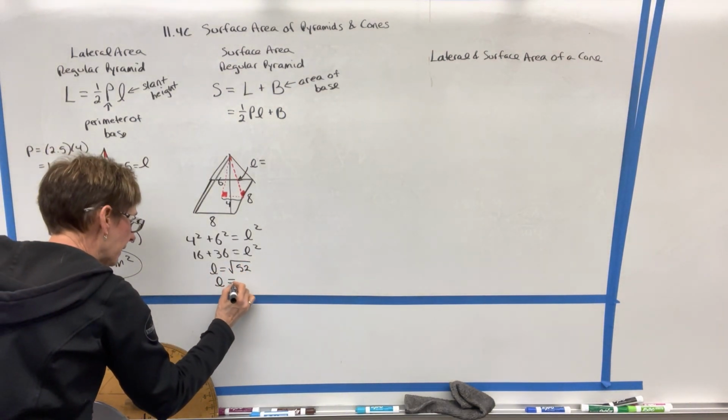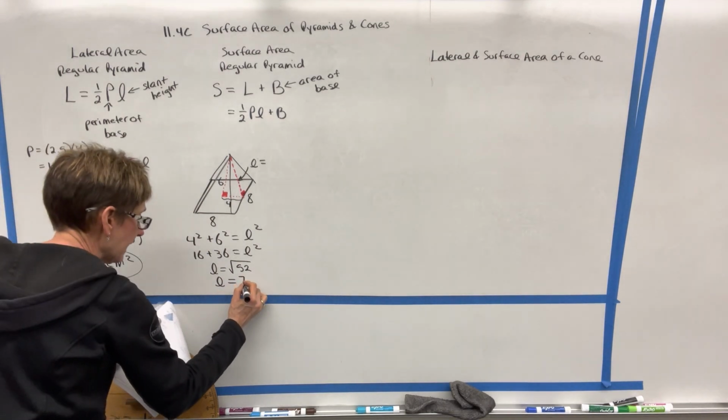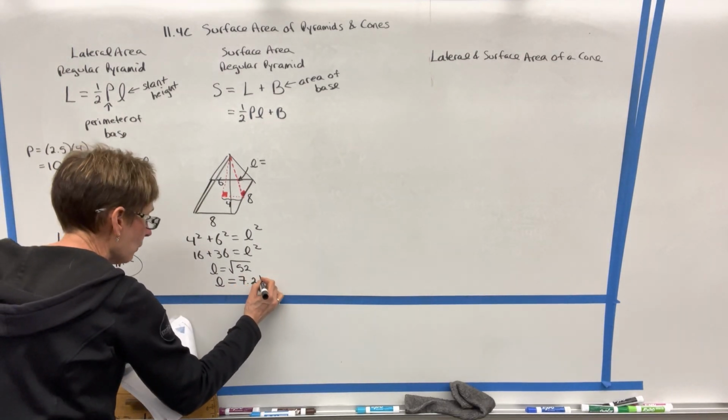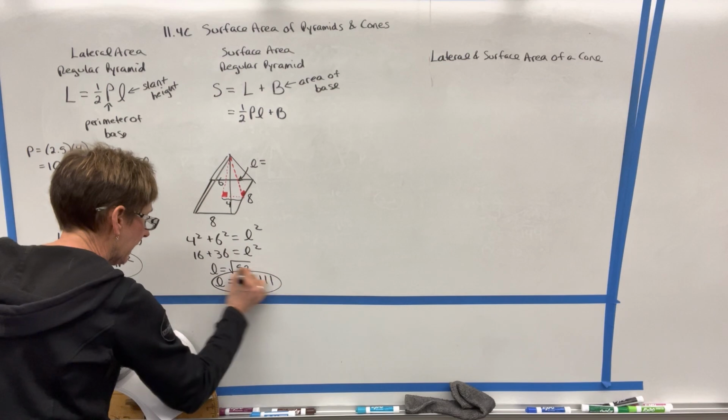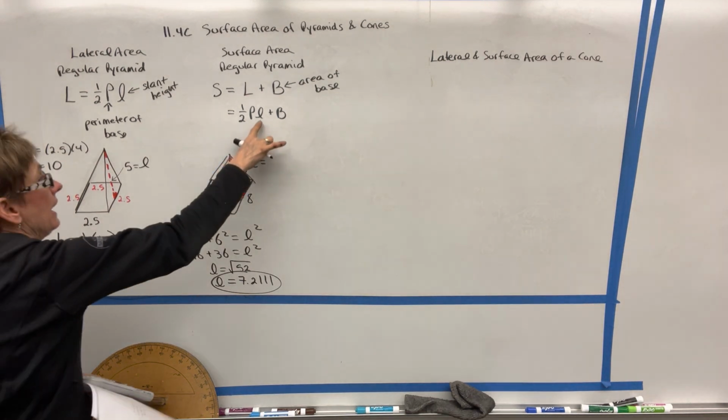Now, I would recommend in this unit, when you're taking square roots, going out 4 spots. So I'm going to write this as 7.2111 for my L, just because if you round too much in the beginning, then it can make your answer off at the end.